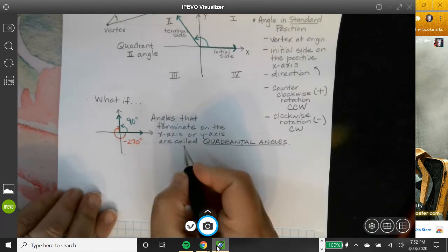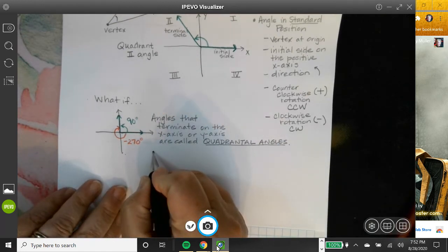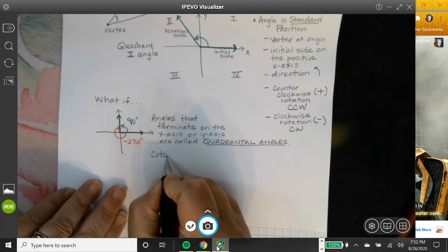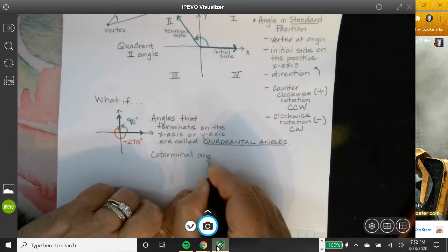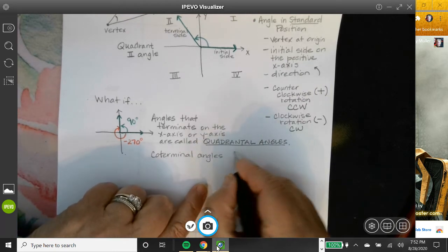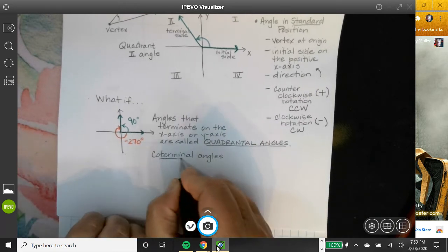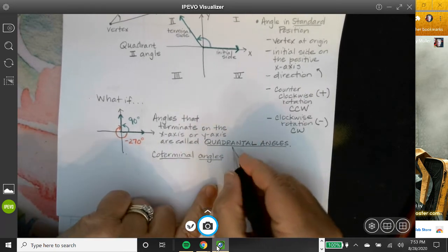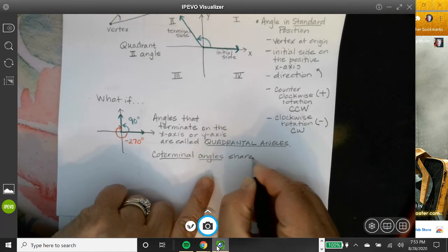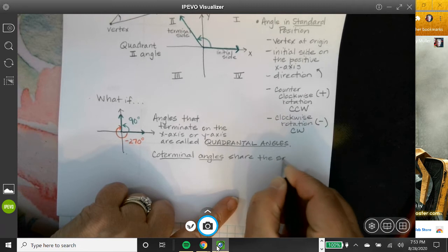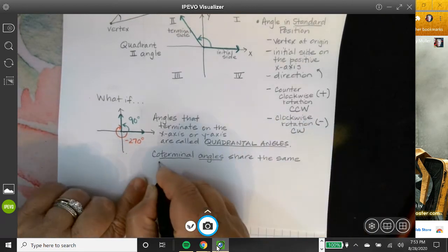Okay, so by definition, here's another definition. Coterminal angles, so I'll underline that as a definition, are angles that share the same terminal side.